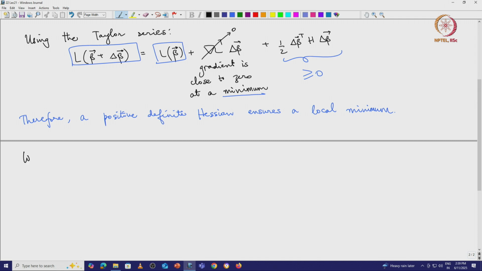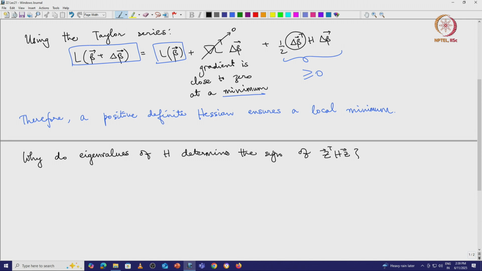The question we want to answer is, why do the eigenvalues of H determine the sign of Z transpose H Z, where Z is basically the vector delta beta.